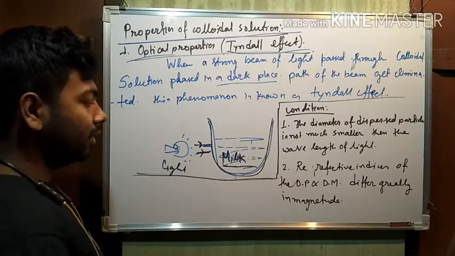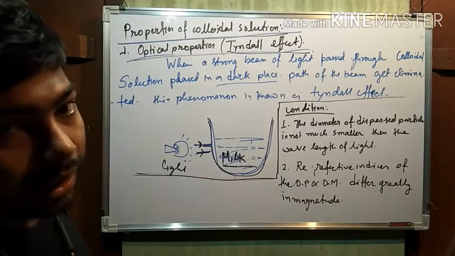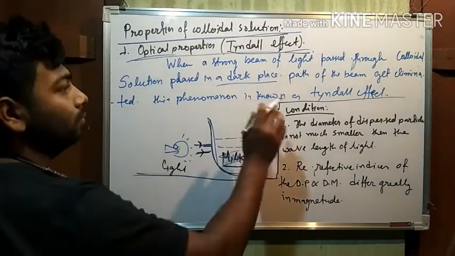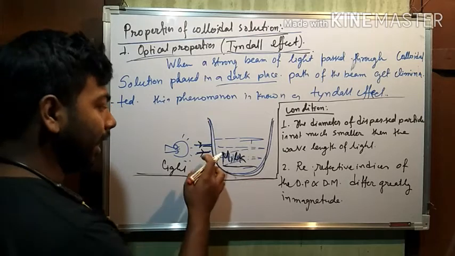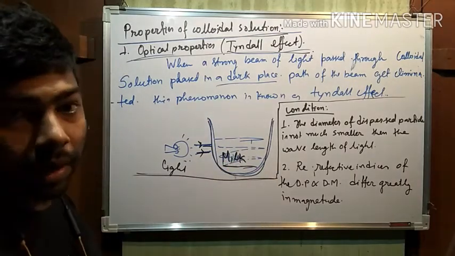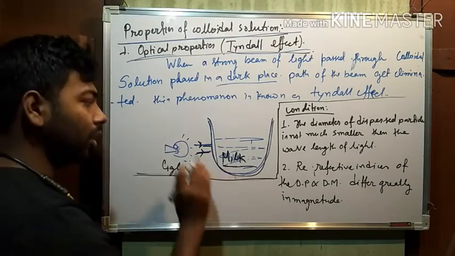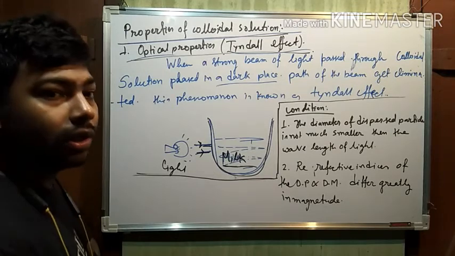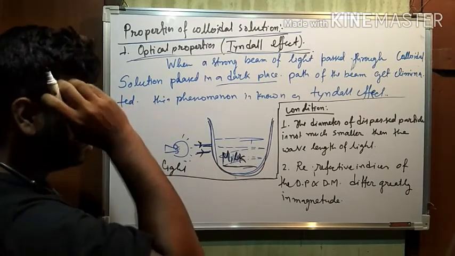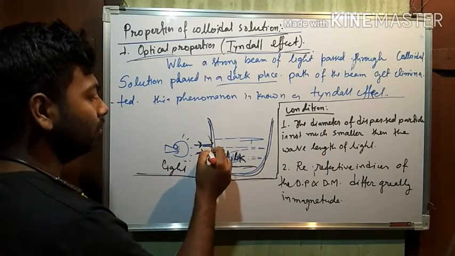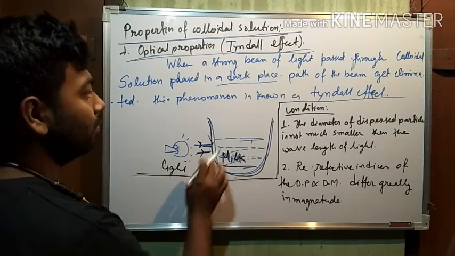The light, after striking the milk, that means the dispersed phase or the colloidal particle, the path in which the light is approaching towards the colloidal particle is illuminated. That means in the portion in which the milk solution is there, we can observe the light. That means this happens due to the scattering of light. Okay, and this process is explained by the Tyndall effect.